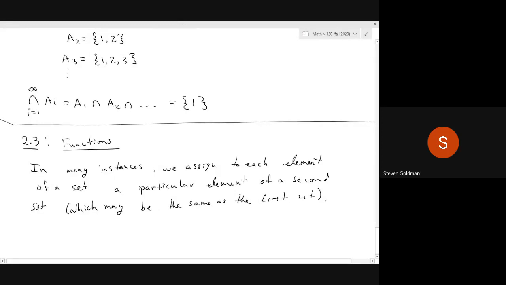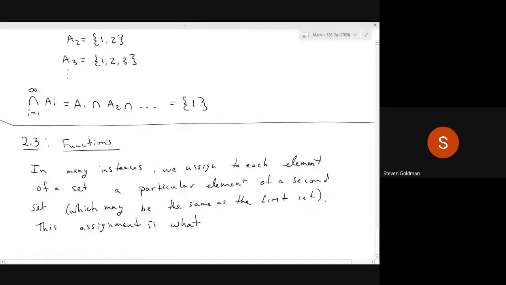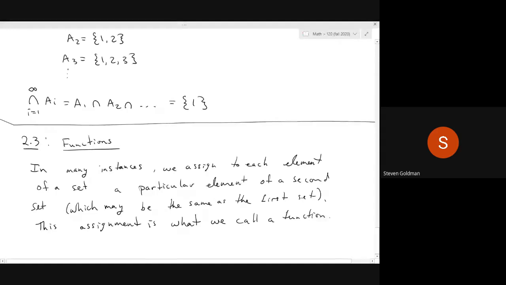Anytime we do this, we call this assignment a function.